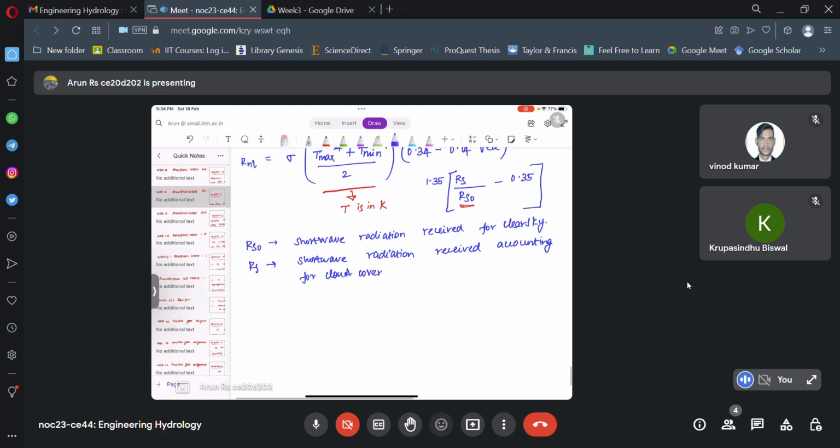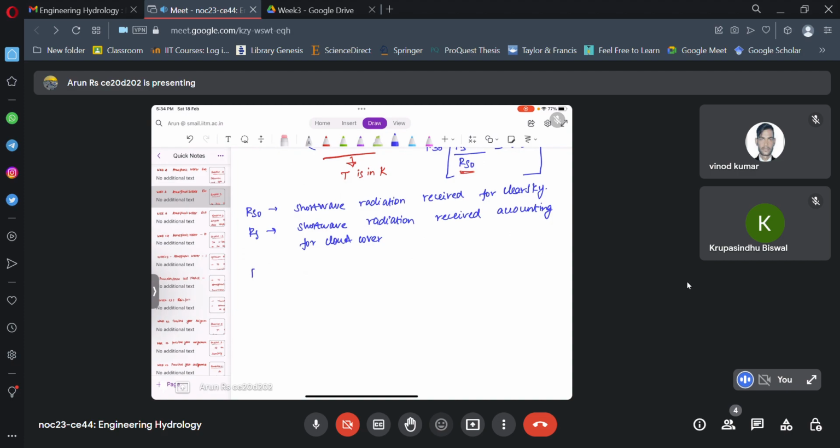So RS we have already calculated, but RS naught we have not calculated. RS naught is given by the expression AS plus BS into RA. So AS plus BS is 0.25 plus 0.75 into RA, which is 38.9. So your RS naught is 29.175 megajoule per meter square per day.